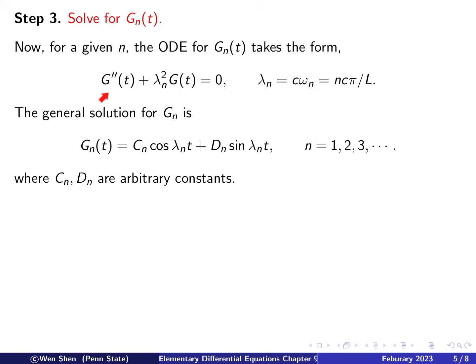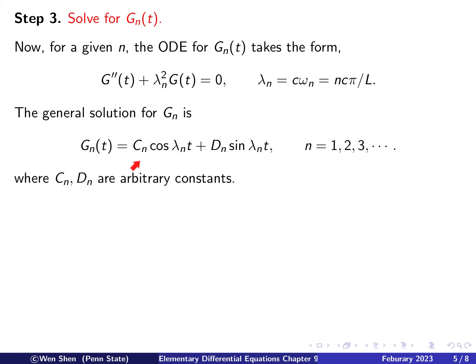Okay, so this is just a constant coefficient second order ODE for g, which we know how to solve. This is a positive number, therefore the solution is a sine and cosine function. So the general solution for g_n will be a cosine function, cos(lambda_n t), and a sine function, sin(lambda_n t), and you do a linear combination of them.